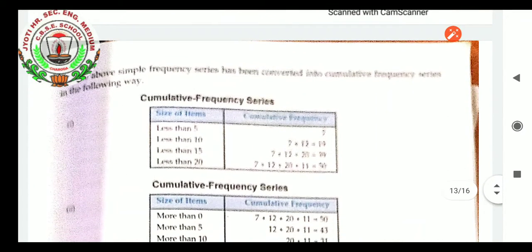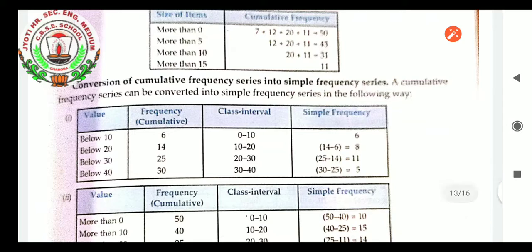How to convert cumulative frequency into simple frequency? For that, here is one example. Below 10, 6 is the cumulative frequency. The class interval will become 0 to 10, because the difference between 10, 20, 30 is 10.